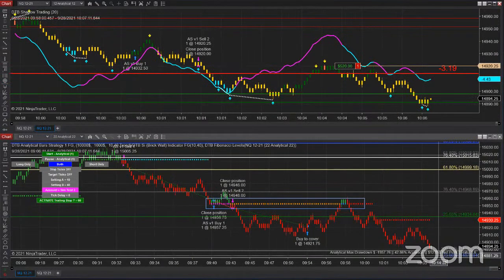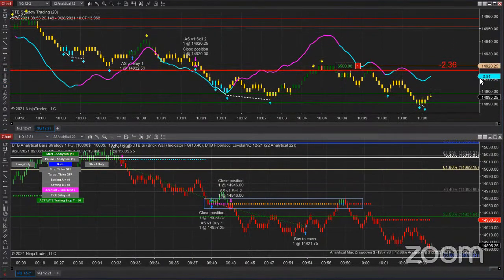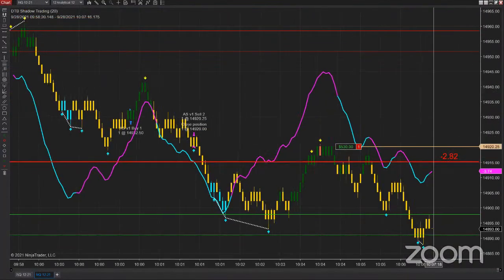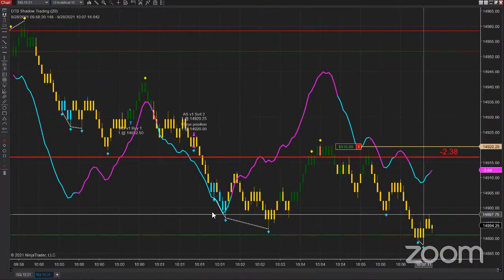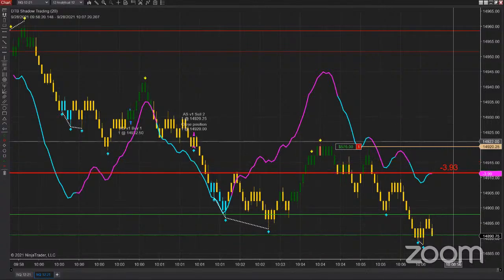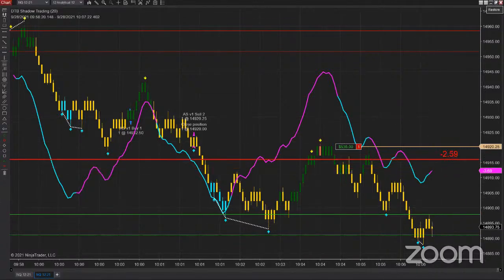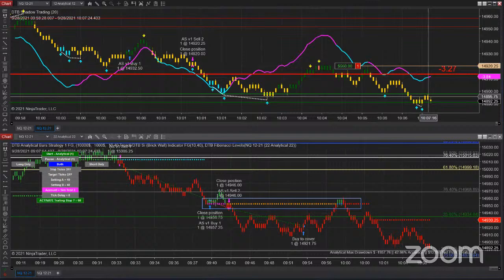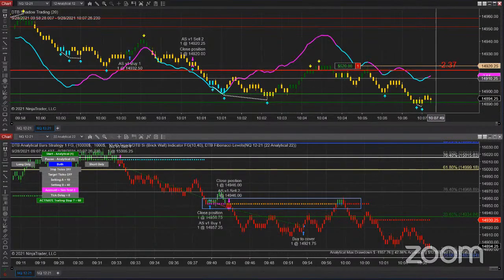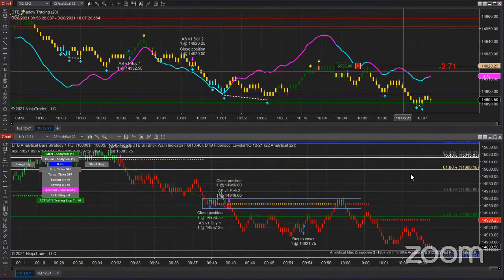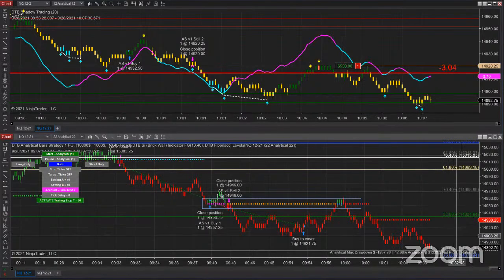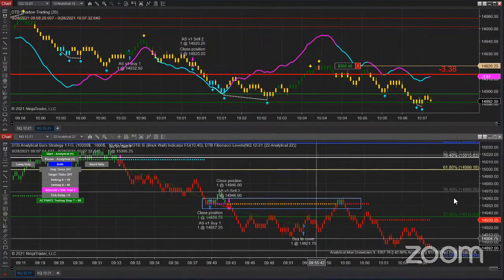We're right by the 23.6. At this area, purely because of the multiple divergences over here, depending on what this momentum line does, I would be looking at pausing the strategy, especially now that we're right by this 23.6.